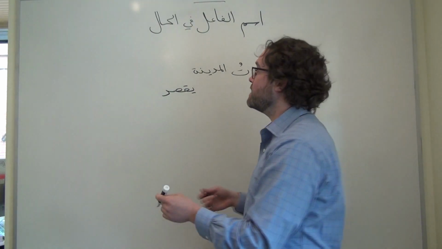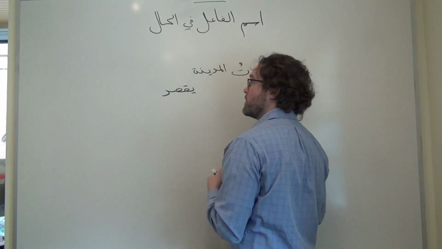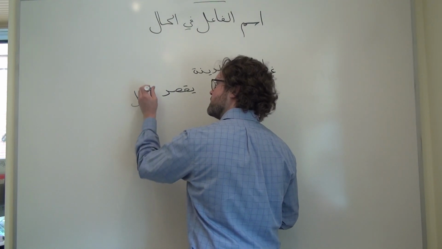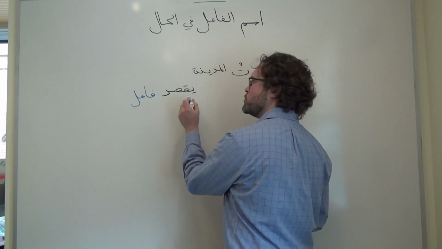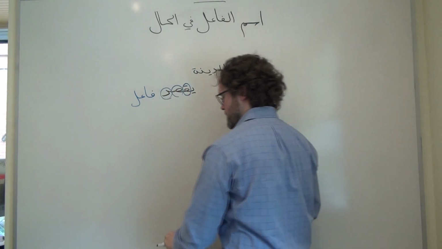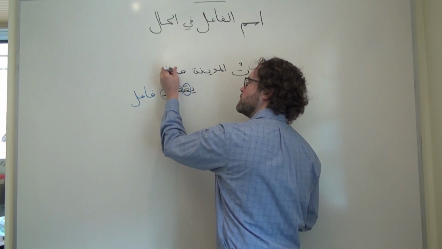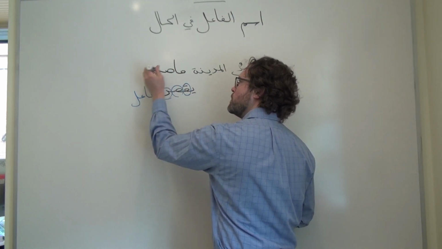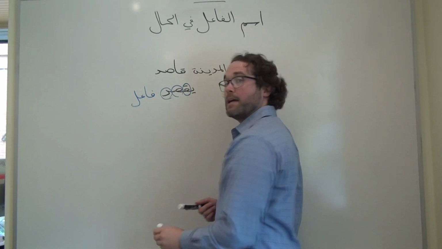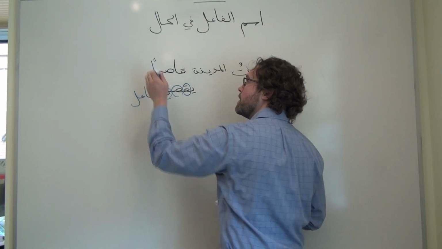So I left the city heading for my family's house. Now I want to take this form 1 verb and put it into the fa'il pattern. So I identify the judr, the root, qaf, sad, dal, and I put it in the fa'il pattern, qasid, and the final step is making it mansoob, which I'm going to do like this.